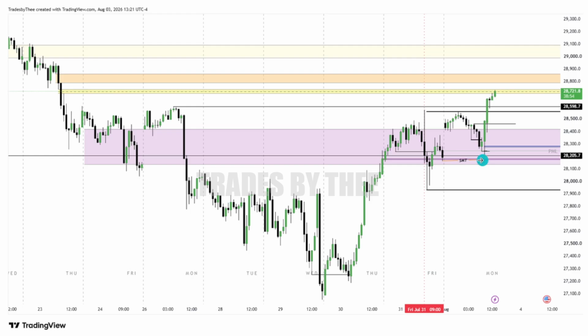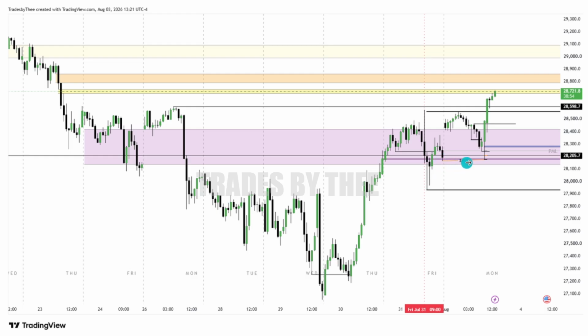So price interacts with this array, which is a new day opening gap, which was very minute. Many people missed it. After that new day opening gap, it interacted with this order block. And also there's this internal low, which was formed on Friday before close of business.